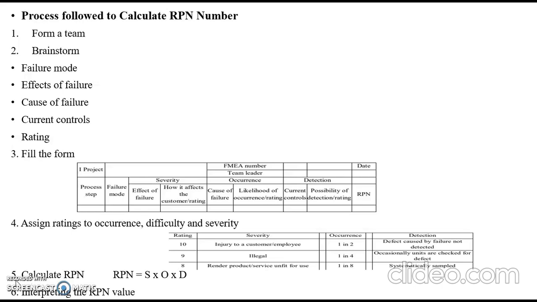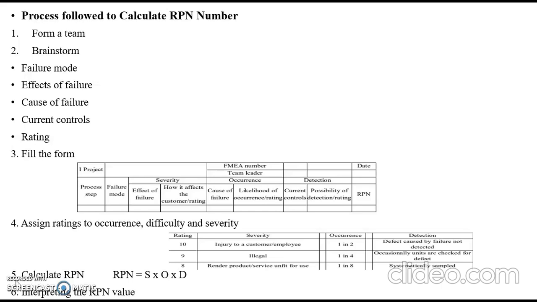After the brainstorming session, the team marks the ratings for severity, occurrence and detection. Based on the ratings as shown in the table, these ratings are converted into a risk priority number so that each failure mode can be prioritized in terms of its need for corrective action or control.